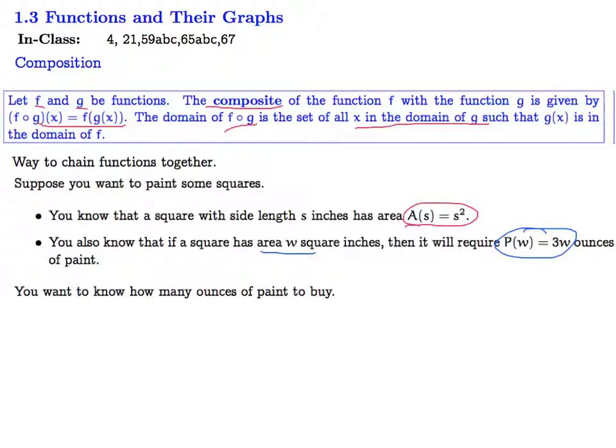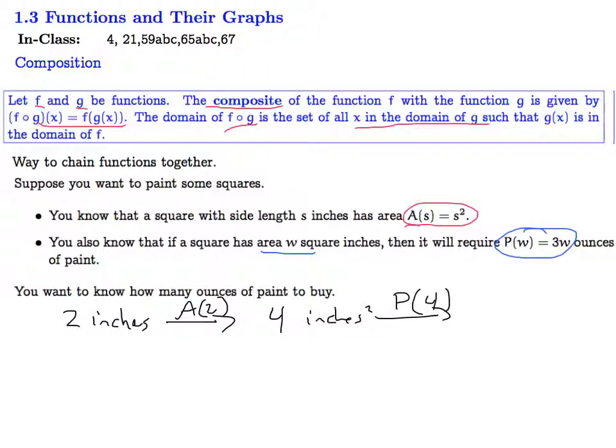Well, the long way to do this is to say, I've got a square, and it's 2 inches long, which tells me, using my a function, I take a of 2, and I get 4 square inches. And then from here I can use my p of 4 function to compute 3 times 4 is equal to 12 ounces of paint.